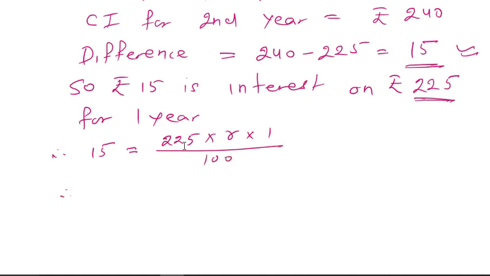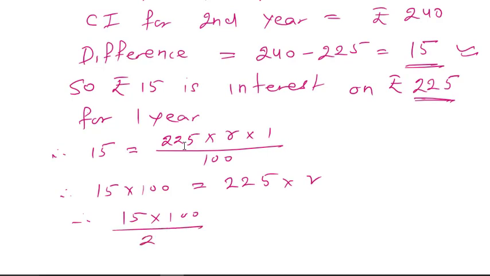So 15 into 100 will become 225 into R. Therefore 15 into 100 divided by 225 will give me the value of R.